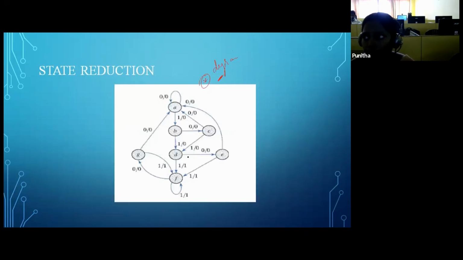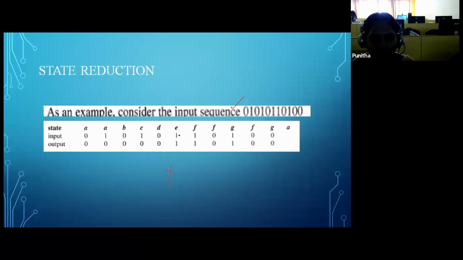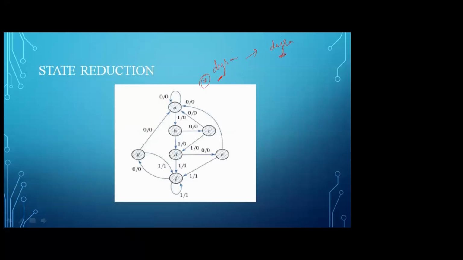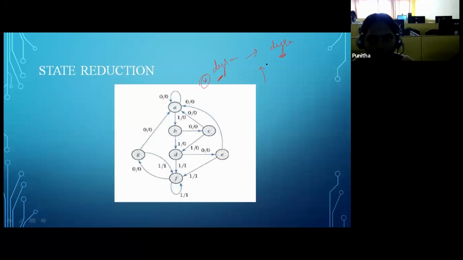In the university exam they give you this diagram, and you have to convert it into the reduced diagram. You can't apply the reduction technique directly. First you have to make the diagram into a normal table representation, then apply the reduction technique, and then you get the reduced table.